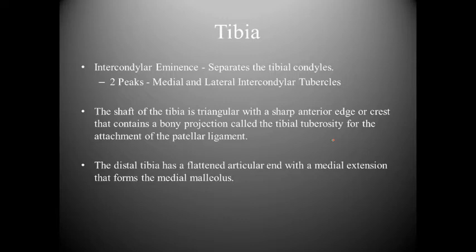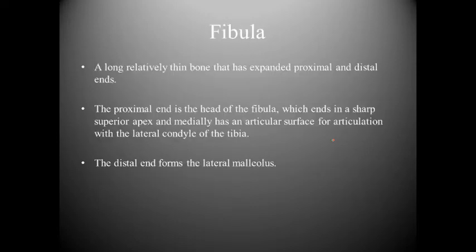The tibial tuberosity has a tendency to become displaced at a young age, and you'll see widening of this area, which is called Osgood-Schlatter disease. It's due to activity during the teenage years or in the youth. The distal tibia has a flattened articular end with a medial extension that forms the medial malleolus.